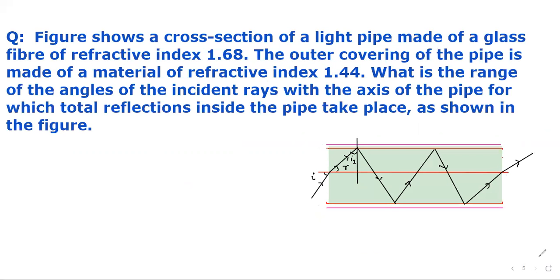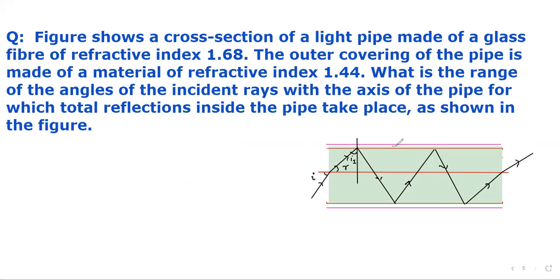Now, let's see one question. The figure shows a cross section of a light pipe made of glass fiber of refractive index 1.68. The outer covering of the pipe is made of material of refractive index 1.44.